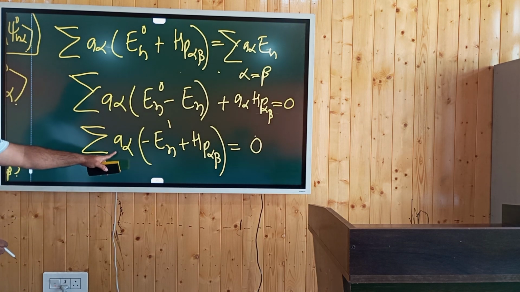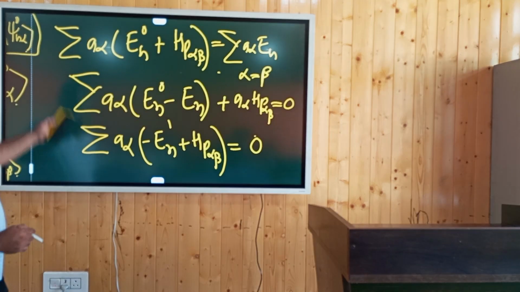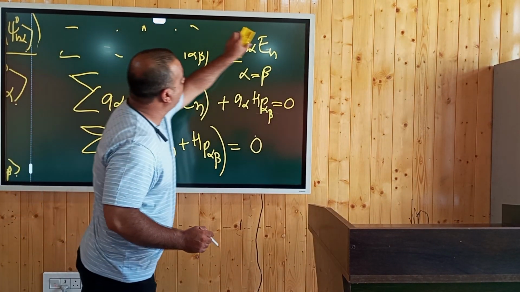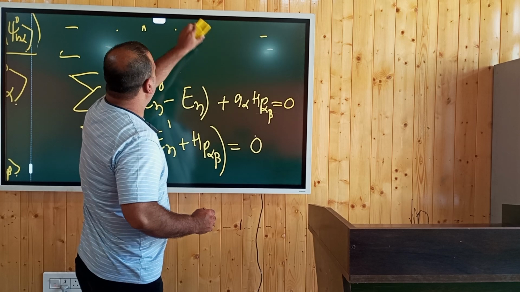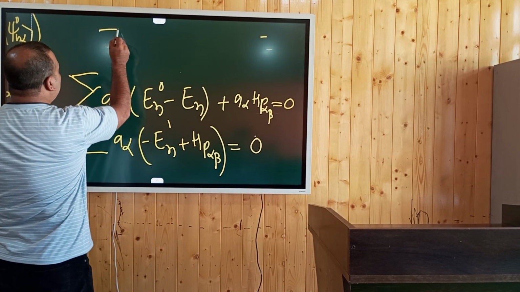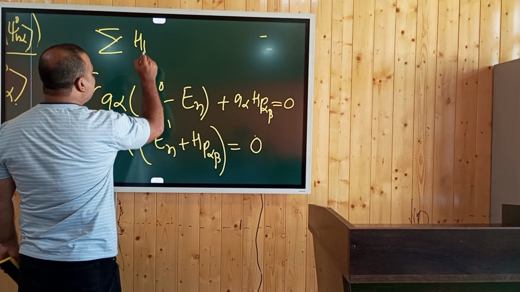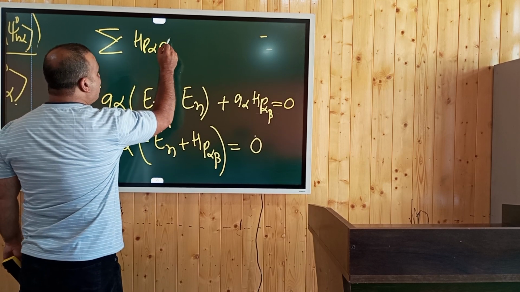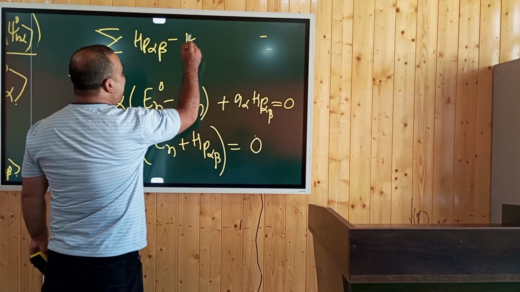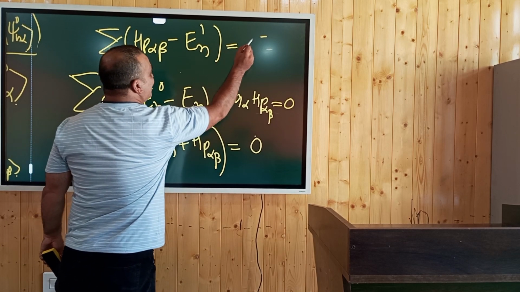So if this is not equal to 0, then the bracketed term is equal to 0. So I can write this now: sigma HP alpha beta minus En1 is equal to 0.